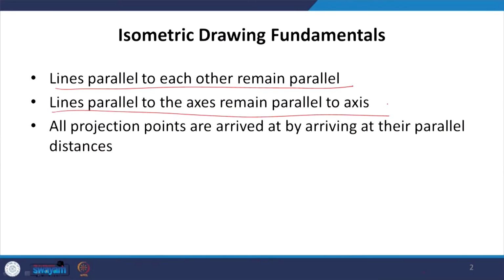The third one: all projection points are arrived at by arriving at their parallel distances, which is what I mentioned in the last lecture. If there is a certain point for which the reference in terms of distance from x and y is not available, then we have to derive that and then go back to the isometric drawing to draw it. That is what we mean when we say all projection points are arrived at by arriving at their parallel distances from the reference lines or reference planes.